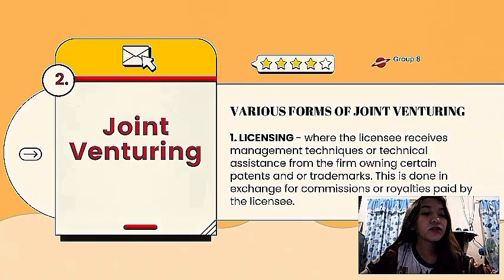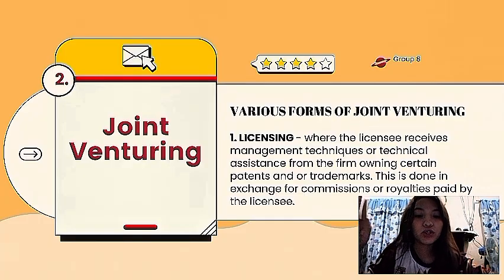This allows companies to expand into new markets without directly operating in those locations. For instance, a globally recognized brand like Disney licenses its characters to toy manufacturers worldwide. Those companies don't own Mickey Mouse, but they have permission to sell toys featuring him.